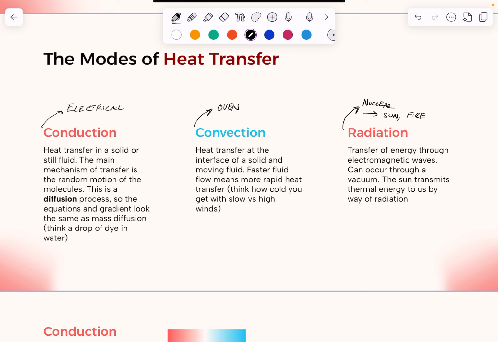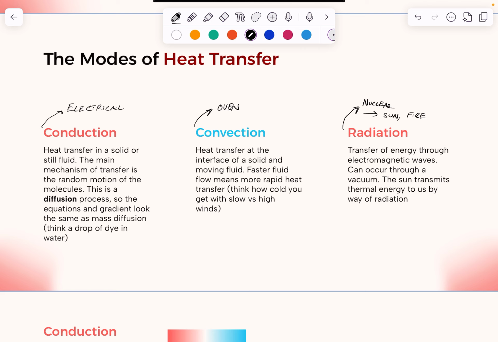You stand in wind that's slightly cooler. Think about how cold you would get with no wind versus a slow wind versus a very strong breeze, versus a really, really fast moving airflow.